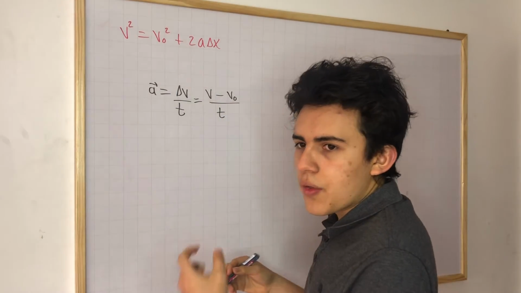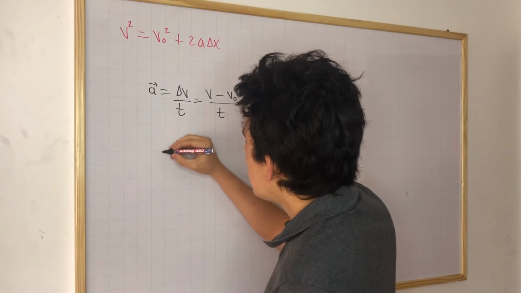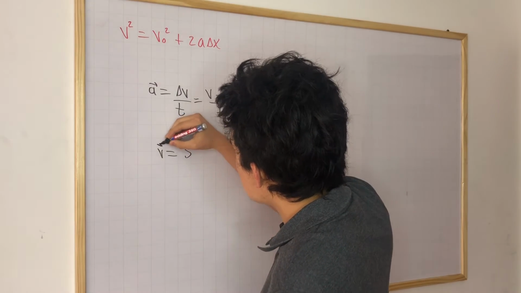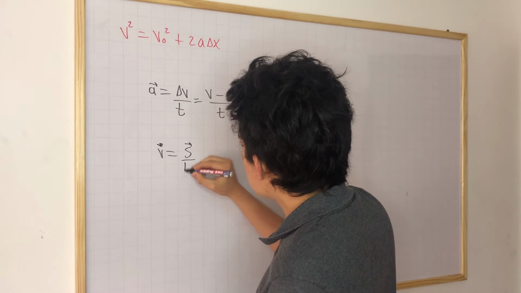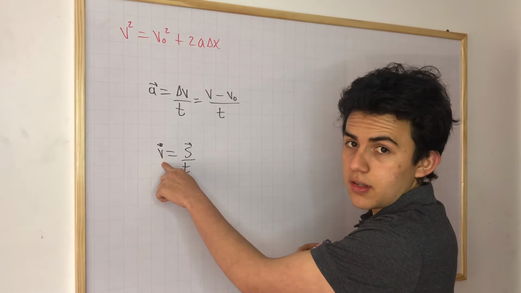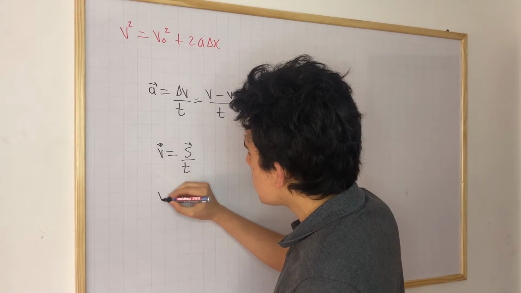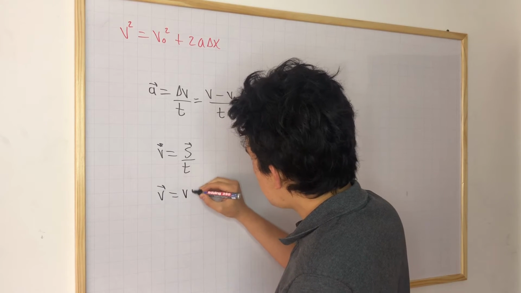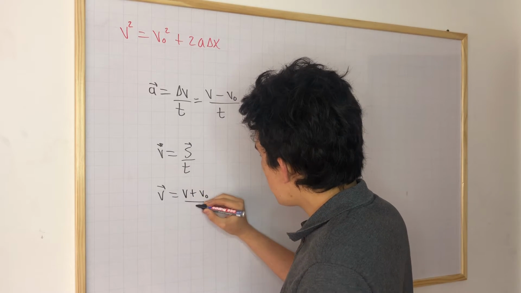If we take our three cousins in kinematics, we know that velocity is equal to displacement, also a vector, over time. Here we're saying this is the average velocity. And we also know that average velocity is equal to final velocity plus v naught over 2.